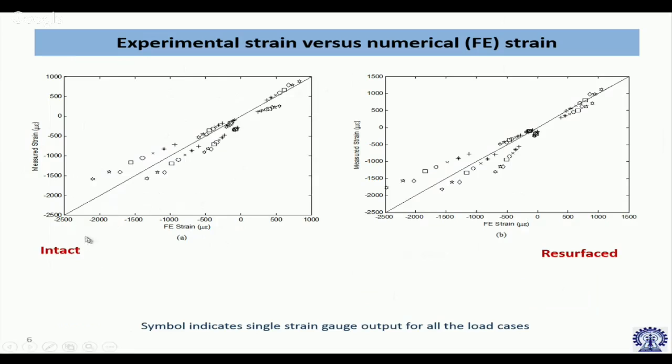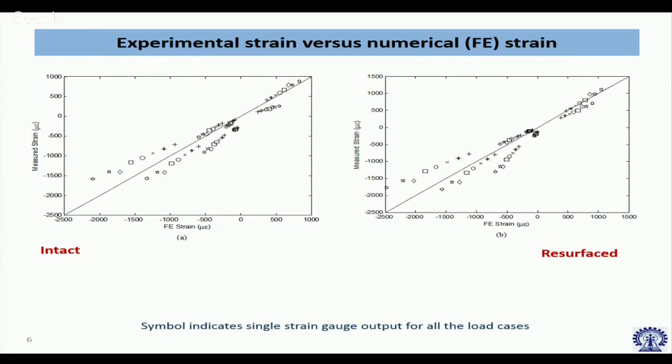We have performed that for the intact femur and for the resurfaced femur, and you can easily see from the figure that these symbols are strain gauge outputs for all the load cases. We have subjected the femurs to different load cases, starting from 700, 800, 900, going to about 2 times the body weight, so about 1400 or 1500. Quite a few data points are represented here.